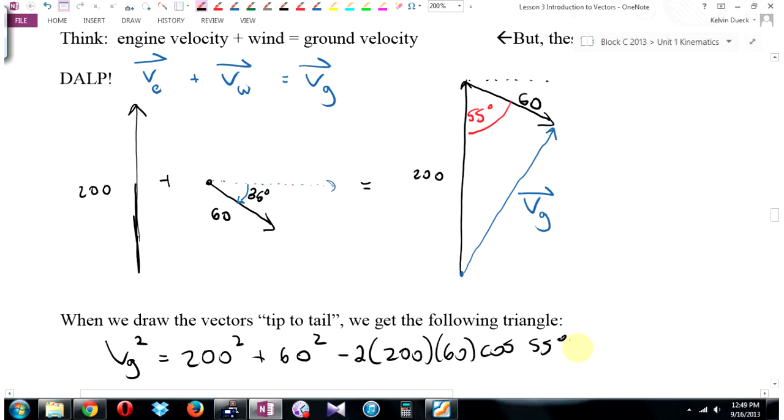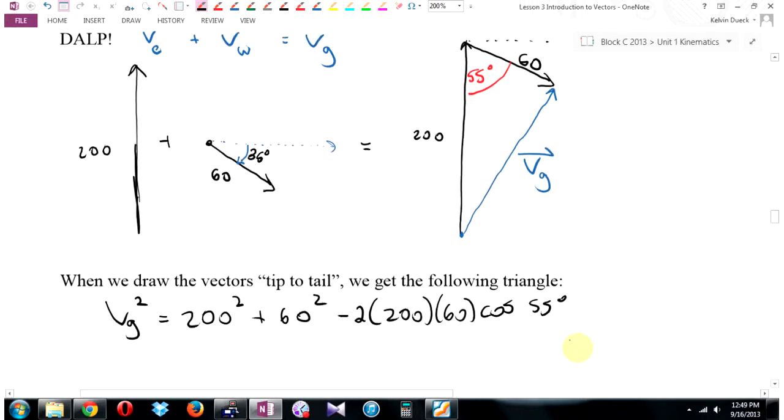That's how the cosine law fits. Remember, it is on your formula sheet. But here I don't have an A, B, and C to make it work, Kelly. I have to kind of just extrapolate the pattern. It's whatever you're trying to find, the angle goes across from it, and the other two sides squared, and don't forget the minus 2.